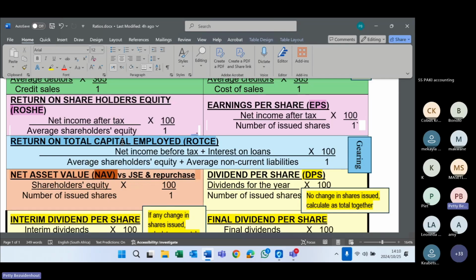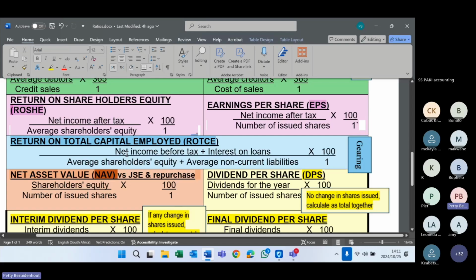For positive gearing, you have to compare this answer with your current interest rate on loans, which is normally supplied on the paper, but otherwise we work between 11 and 14%, but they will specify if you're going to need it, I'm sure. If the interest on loan percentage is higher than the ROCE, then we've got negative gearing, meaning we're not utilizing the loans optimally.